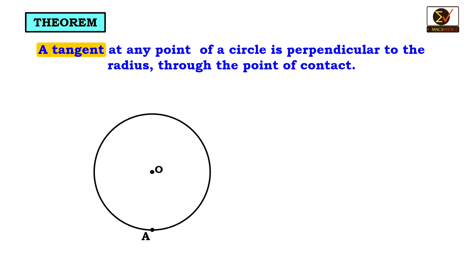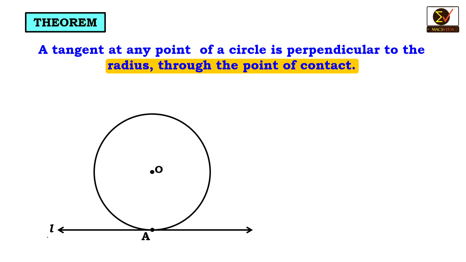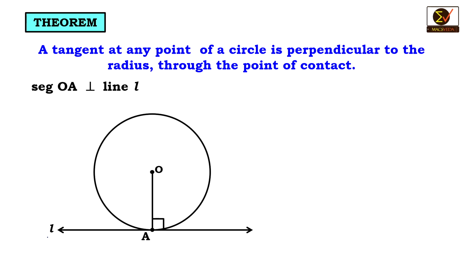Consider a tangent passing through A. Let us call it L. So this L is tangent passing through the point of contact A. Now the radius through the point of contact, what is it? OA. We need to prove the radius through the point of contact, that is OA, is perpendicular to the tangent line L.